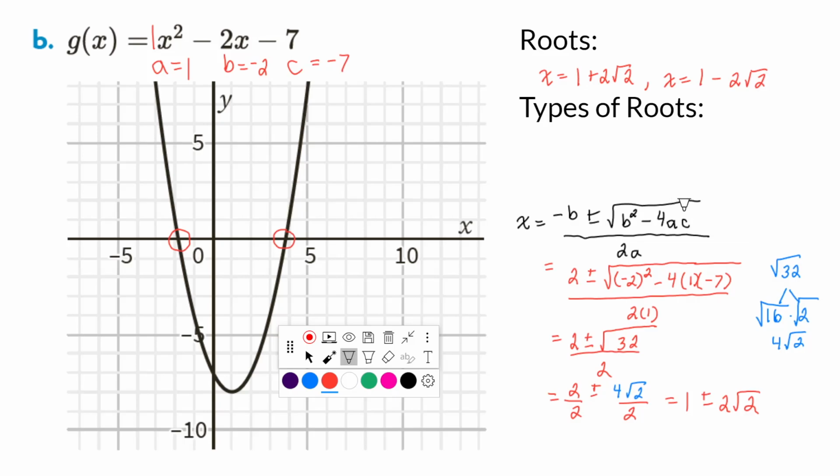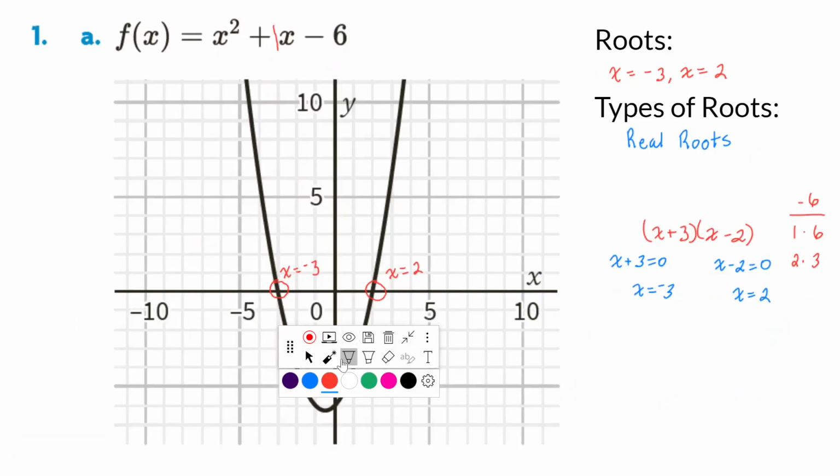And the types of roots that we have are real, but in this case we would also describe them as being irrational, because they aren't integers, we still have a square root, so we call them irrational. Where before, we could have said real roots, we could have said rational roots, because integers are rational numbers.